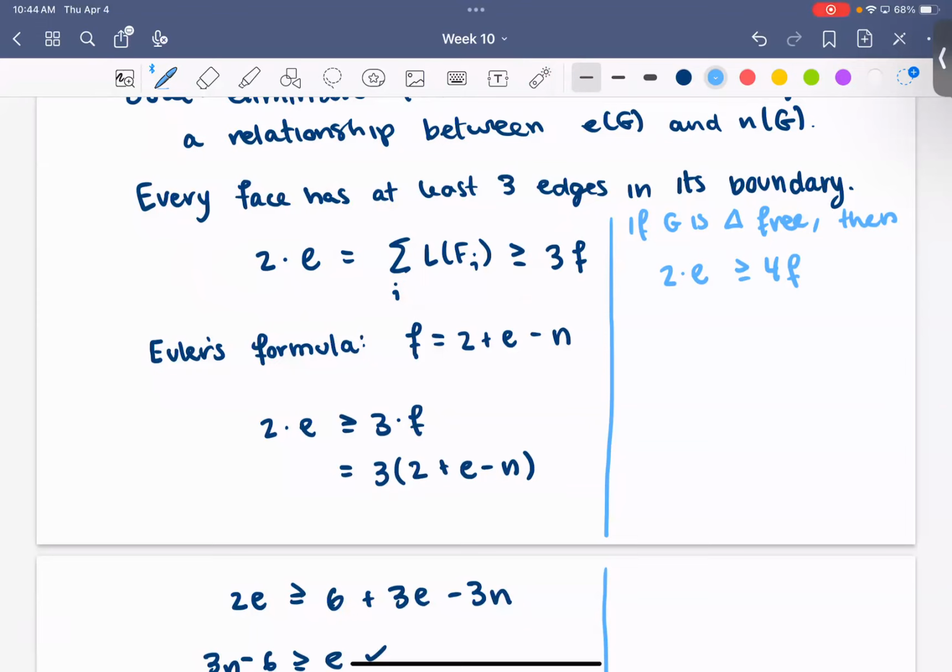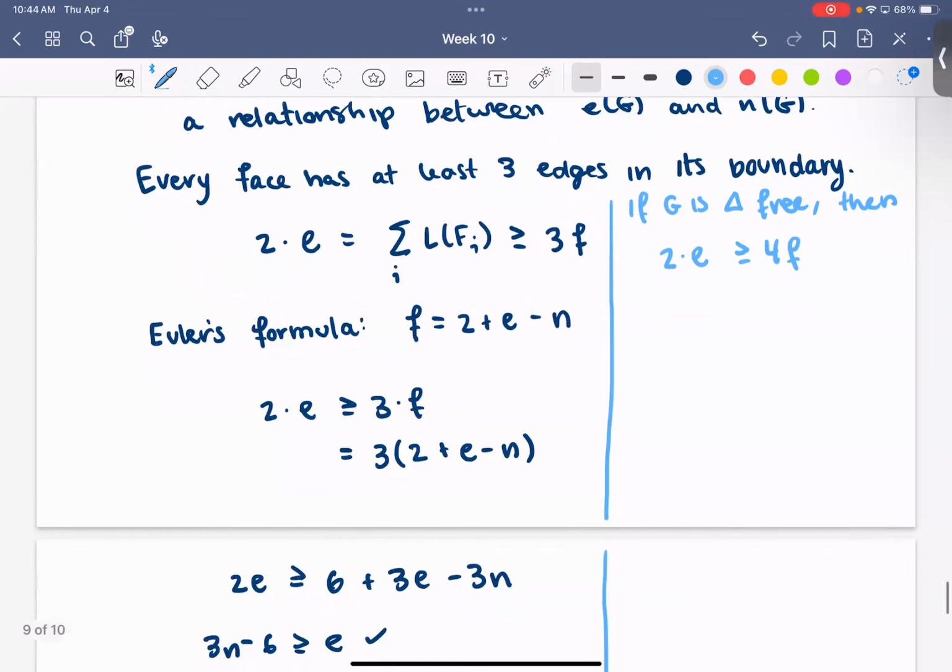So yeah, then we'll just repeat this. So we get 2E is greater than or equal to 4 times 2 plus E minus N, which is 8 plus 4E minus 4N.